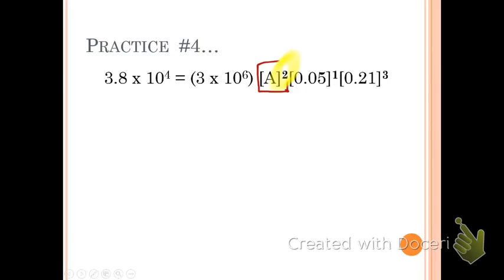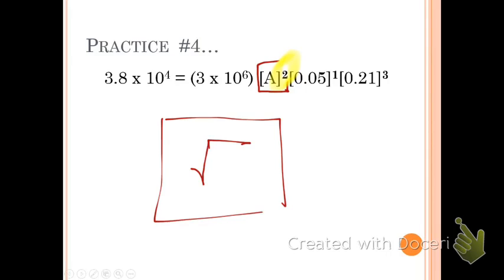That means that if you're solving for A, and A is to the second power, you've got to reduce that from A to the second power. That means you're going to have to find the square root of that answer. So take a moment and find your square root key on your calculator.